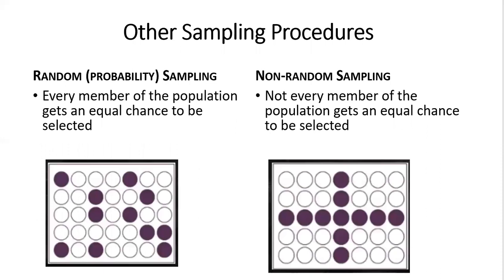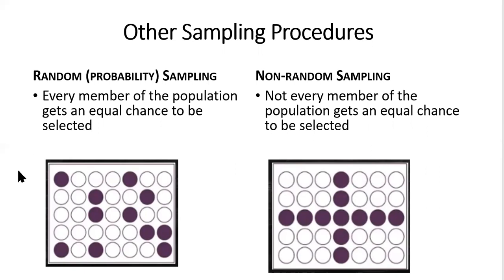But for now, let me give you an example of random sampling versus non-random sampling. Random sampling, I will remind you, is the sampling where every member of the population gets an equal chance to be selected. In the picture below, we see a classroom arranged in 5 rows, and in each row we have 7 students. In the first picture, you see the depiction of when students are selected randomly.